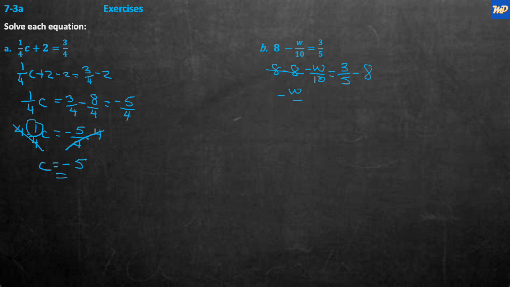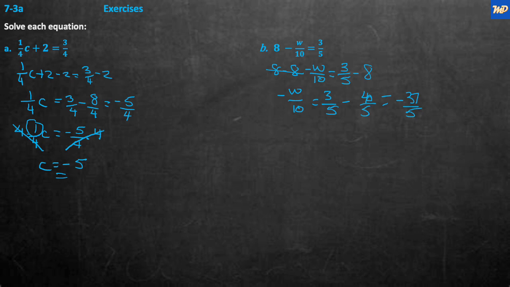Minus W over 10 equals 3/5 minus how many fifths? 40/5. So 3/5 minus 40/5 equals minus 37/5.